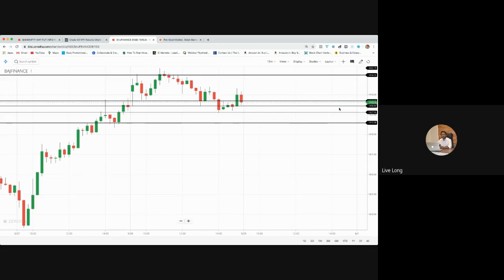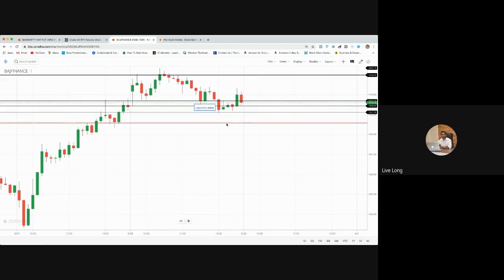Just a second, I'll tell you. If the price breaks below this level, I can expect it to come down till here, that is this particular level around 1950, right? Yes, sir, because this is where the next level is. Once this level gets broken, I can expect it to come down till here. That is where the next level is, right?